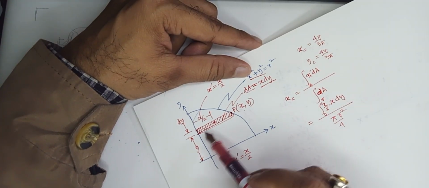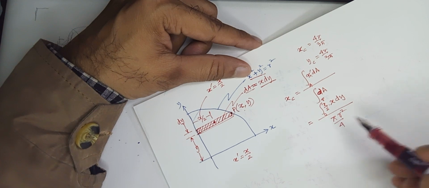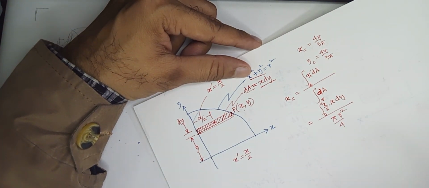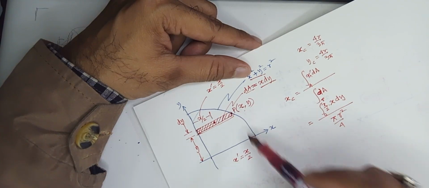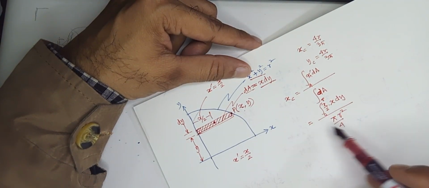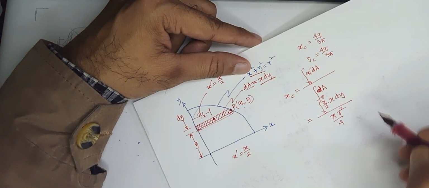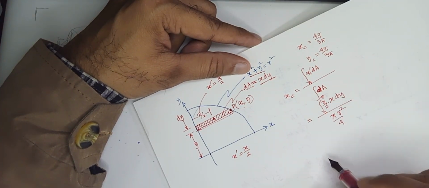You can integrate it for this strip, but in that case it will require some substitution. You can directly use the area because you know the formula; this is a regular shape. You don't have to integrate that, but the top you have to integrate.